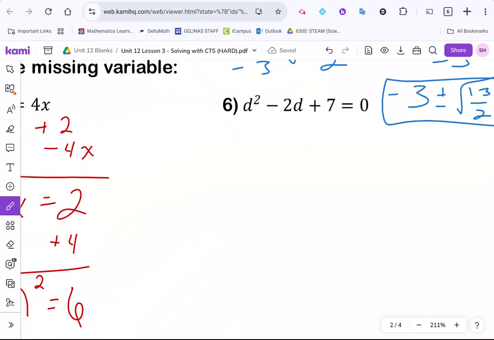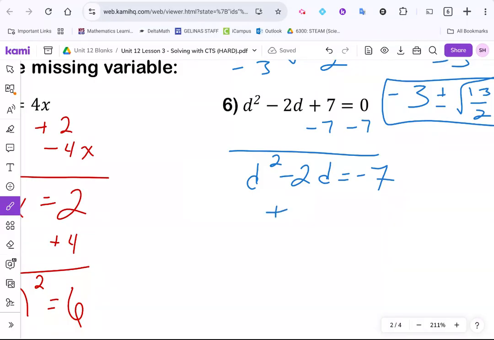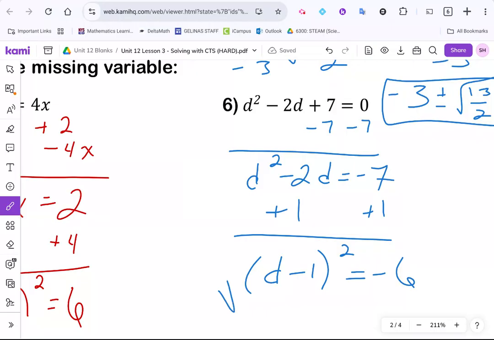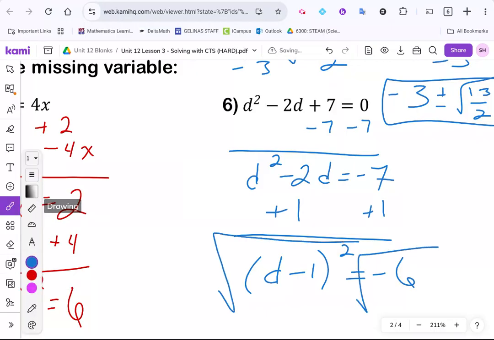So this one, we would subtract 7 from both sides, so that we can do d squared minus 2d is equal to negative 7. Half of negative 2 is negative 1, and when I square that, I get positive 1. And so we have d minus 1 all squared equaling negative 6. So here's that thing that causes an issue.